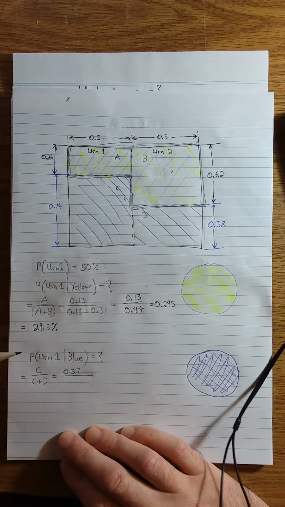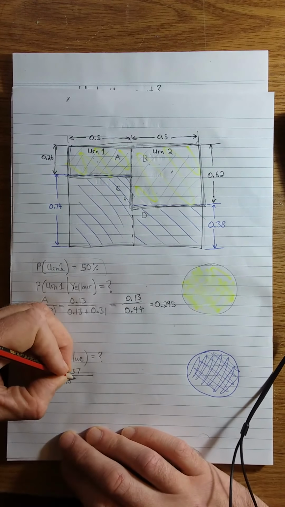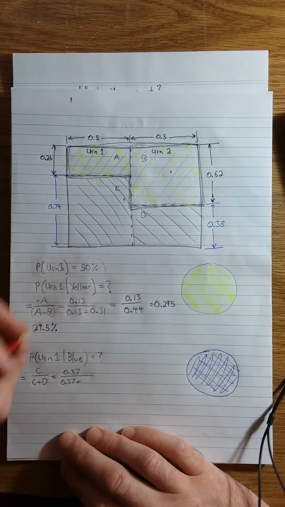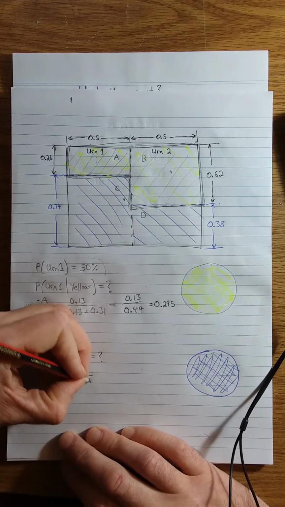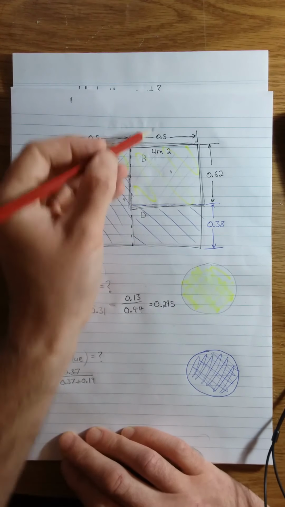Obviously use a calculator if you need to. 0.37 plus D, which is 0.19, that times that.